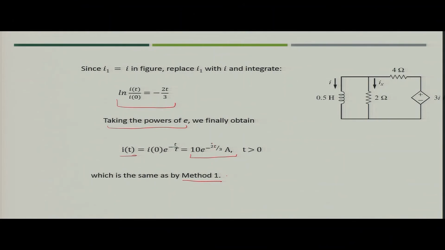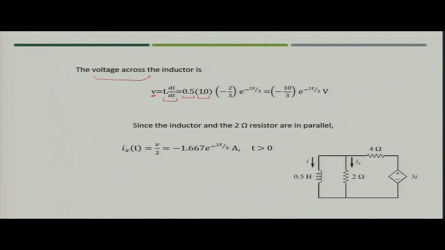So, this will become 0.5 into the value of I naught into the minus 2 by 3 term, which is coming from here, into e to the power minus 2t by 3. So, you will get the value of voltage V as minus 10 by 3 into e to the power minus 2t by 3 volts.